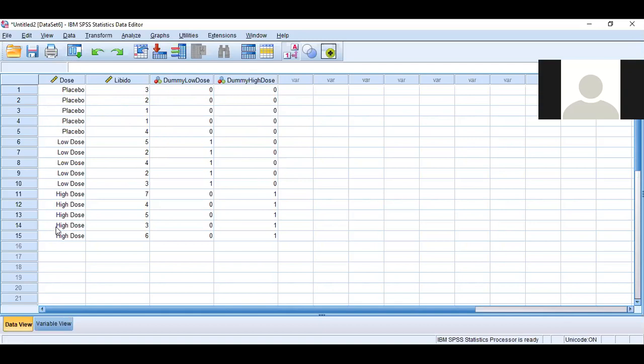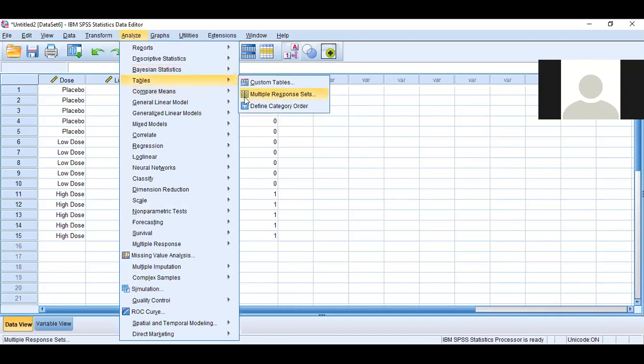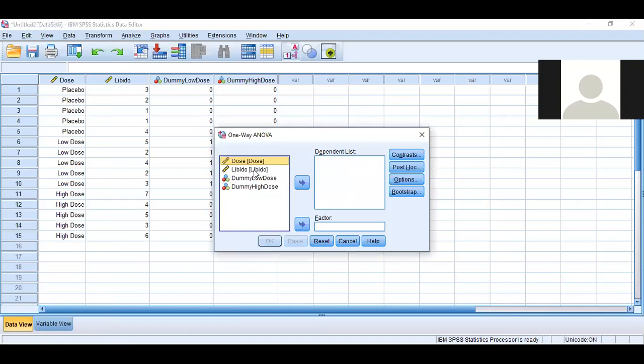But if you want to run it as a regression, you use the dummies you have created for the dose. Let's first do the ANOVA so that you see the way it comes out. Compare means, one way ANOVA, libido as the dependent list, dose as the factor. You know where ANOVA is that we are running now.